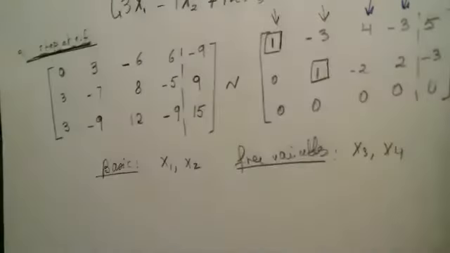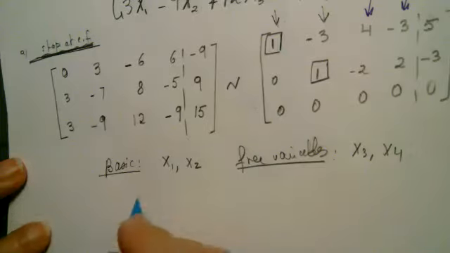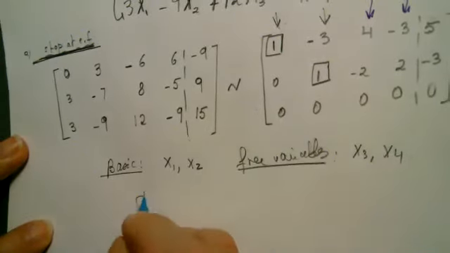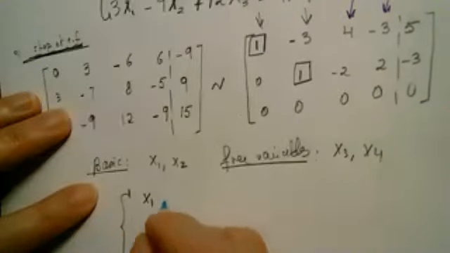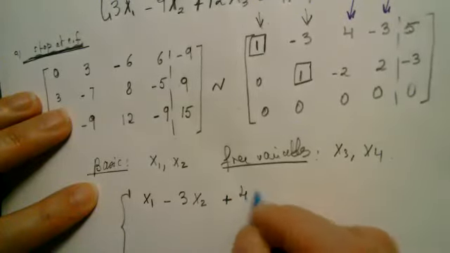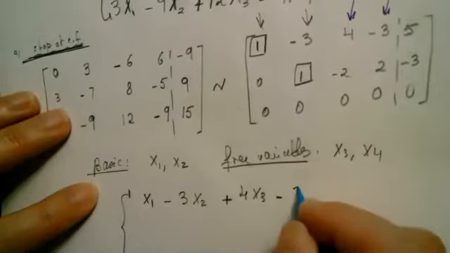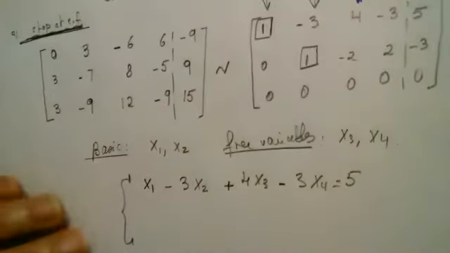Now, to be able to solve, I need to write the system that corresponds to my echelon form. I will write the system. What's the system? It's x1 minus 3x2 plus 4x3 minus 3x4 equal to 5. I have to write this.